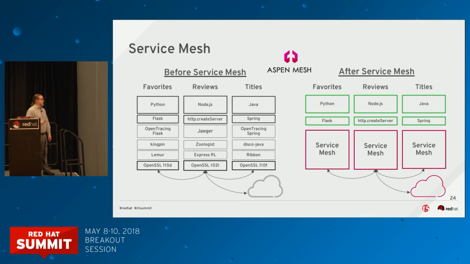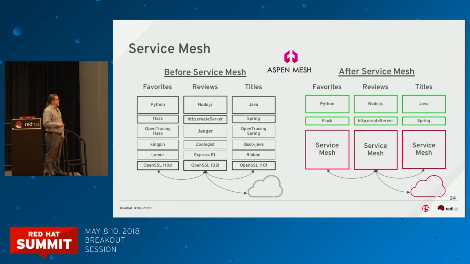There's probably a couple other words I can't say in a public forum. But really what this does is it relegates it to something much, much simpler, right? And what we've done with Aspen Mesh is we've essentially taken that, which is Istio at its core, and then we've abstracted all of the visibility aspects of it and put them in a hosted portal.